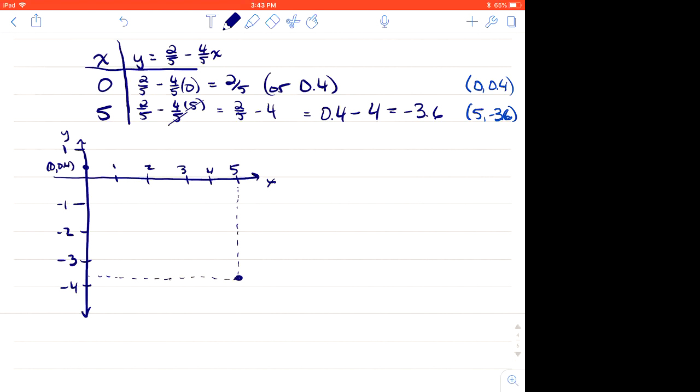Those are sight lines, I guess; you don't have to put those on. I have no idea exactly where negative 3.6 would be, but it would be roughly halfway between negative 3 and negative 4. That's good enough for me. Now we can just connect these two dots and move on with our lives.